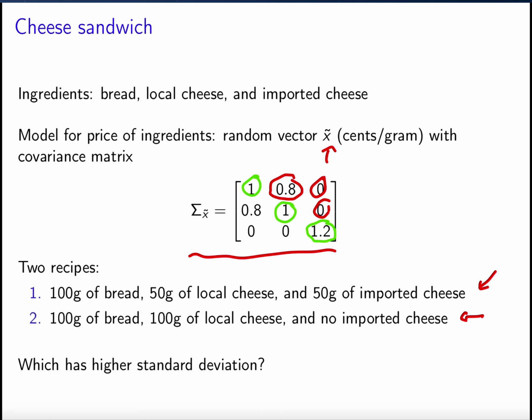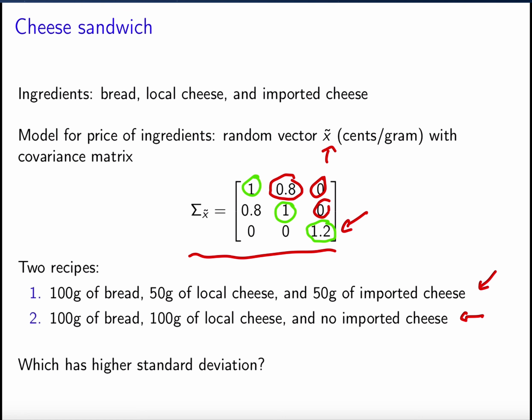So realize that if we just took into account the variances, then it looks like using the imported cheese is probably a bad idea, because it has a higher variance than the local cheese, but that would ignore the covariance. And that is crucial, as we will see in a moment, because we're going to compute the standard deviations of these two recipes.